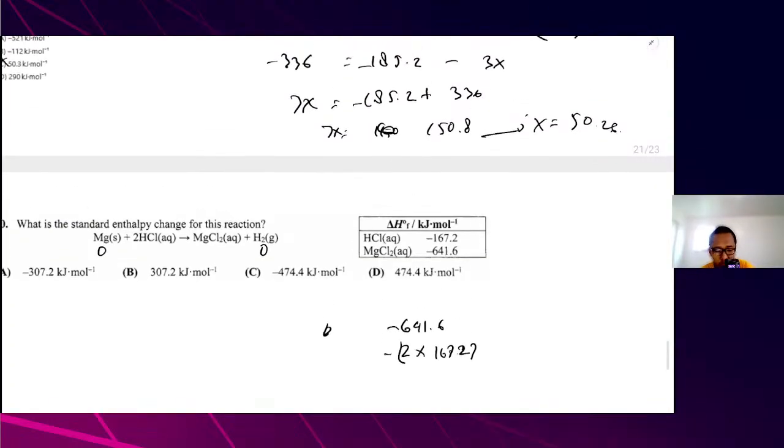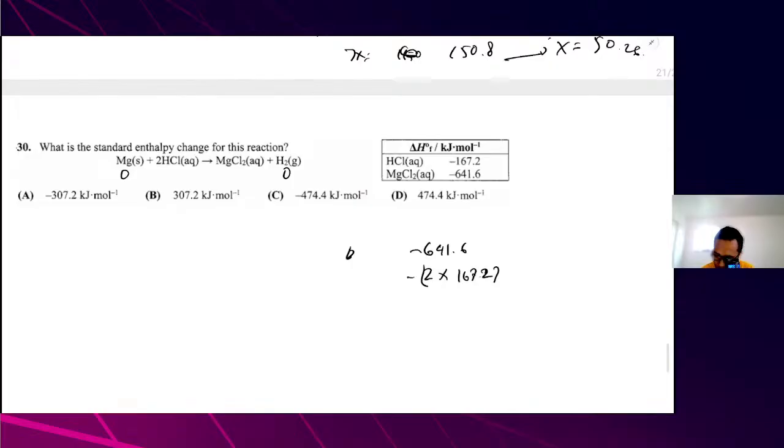So the answer will be 641.6 minus 2 times, oh no, plus 2 times. It should be minus, right?